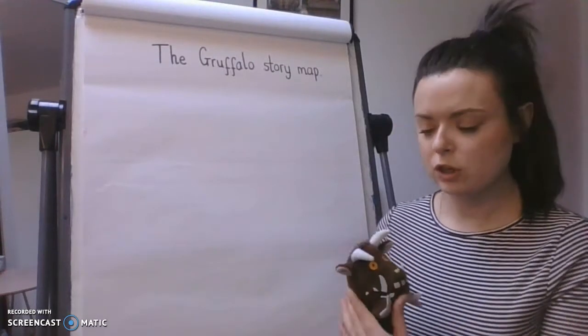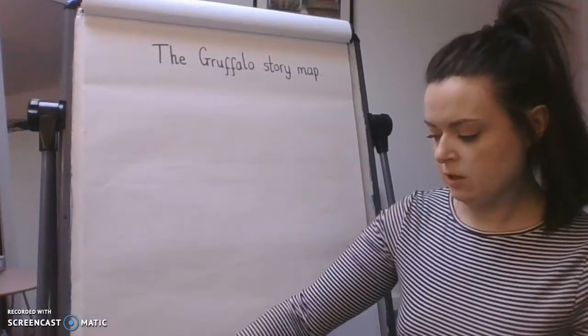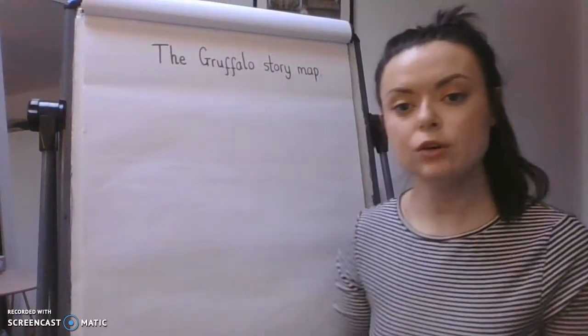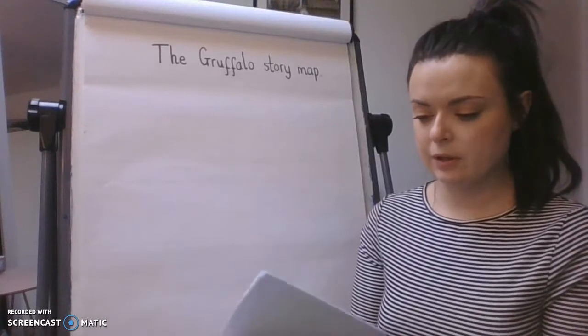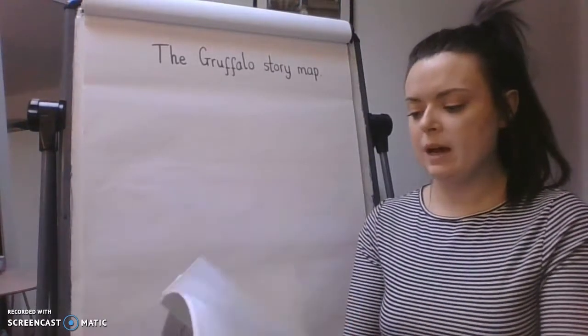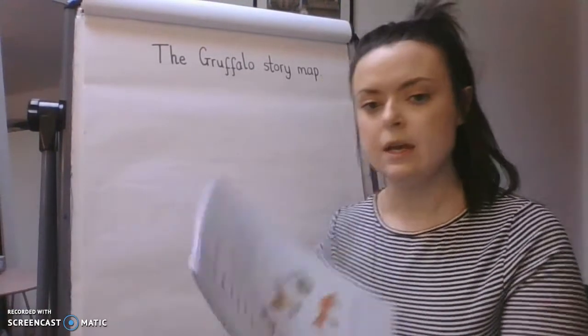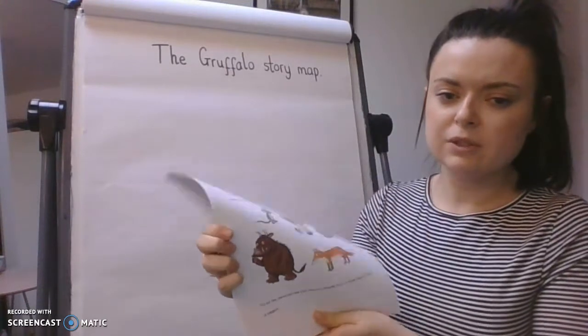Okay, so I'm just going to pop the Gruffalo here. It's going to be helping us. Okay, so in your work packs, you'll have this. What I've done is I've got some little characters for you.